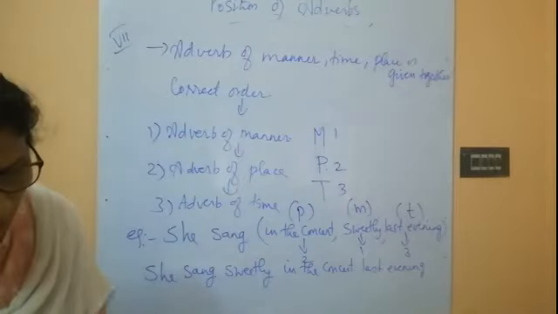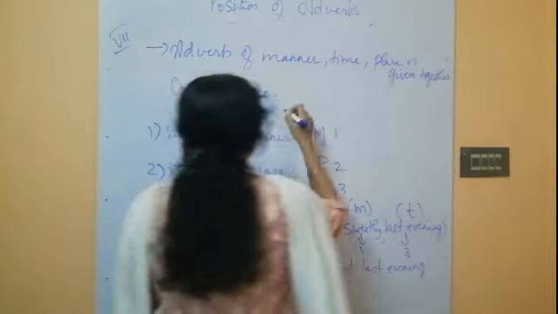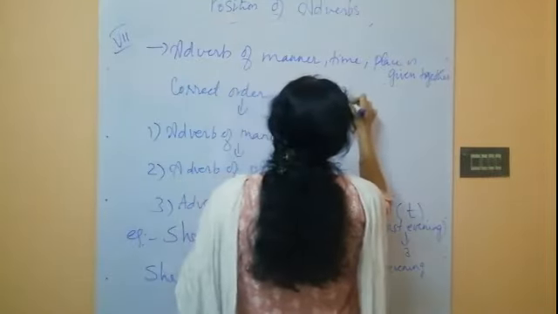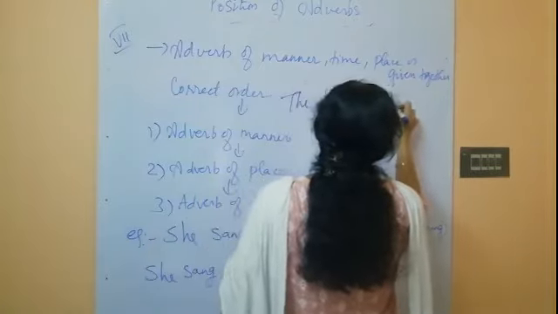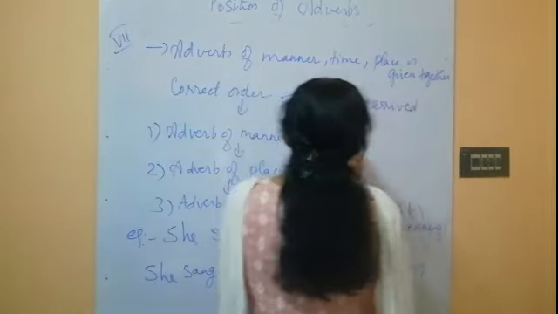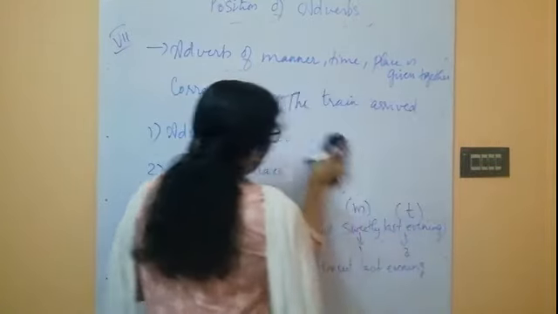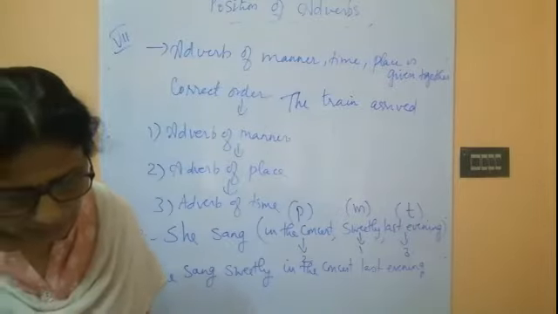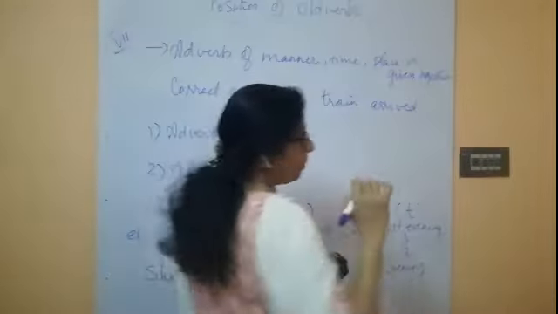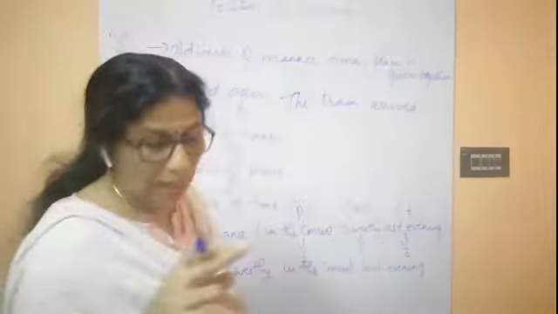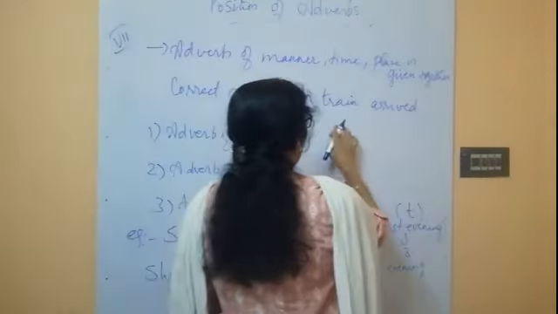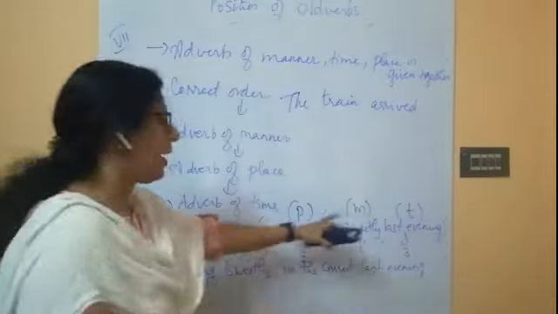Okay, and one more example, the train arrived. And here only platform, at the platform at 6 p.m. So at the platform means it is place. So if manner is not there, first comes place and then comes time.